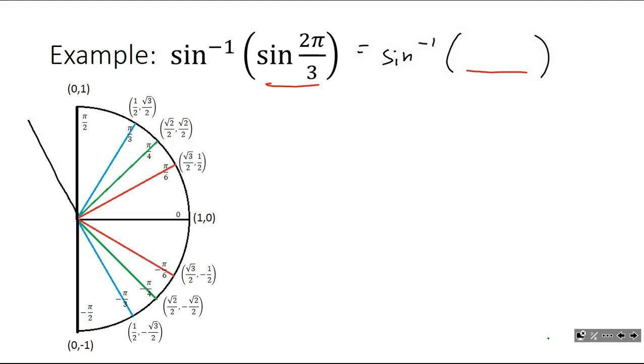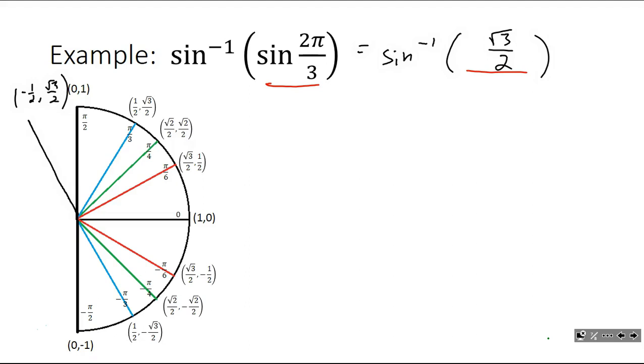This is fine because we're not doing an inverse sine. The inner function is a sine, so we can look anywhere. And we have the sine of 2 pi over 3. Well, those coordinates there are negative 1/2 and square root of 3 over 2. So the sine of 2 pi over 3 would be equal to the y value, square root of 3 over 2.